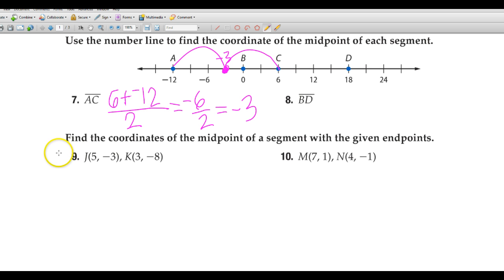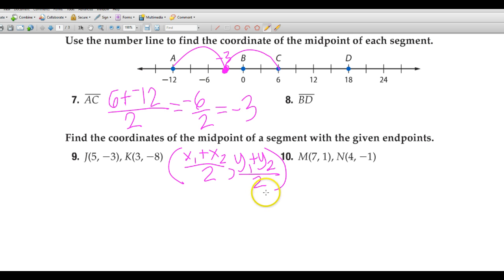On number 9, find the coordinates of the midpoint of a segment with the given endpoints. We want to use the midpoint formula. And once again, the order does not matter.